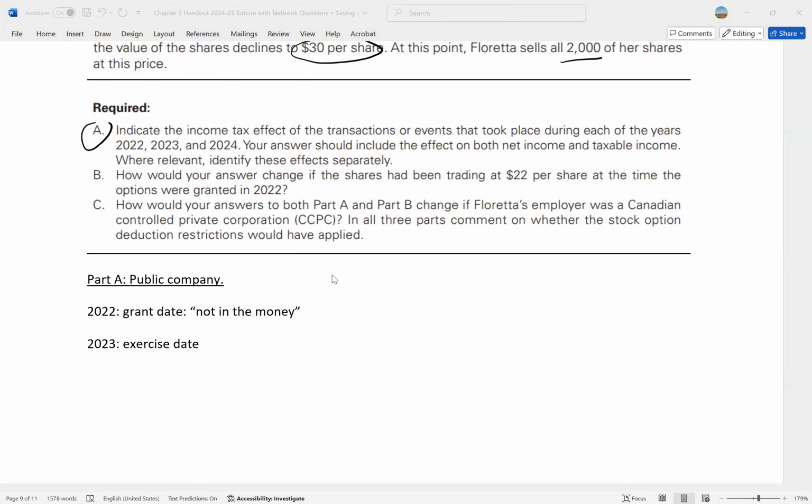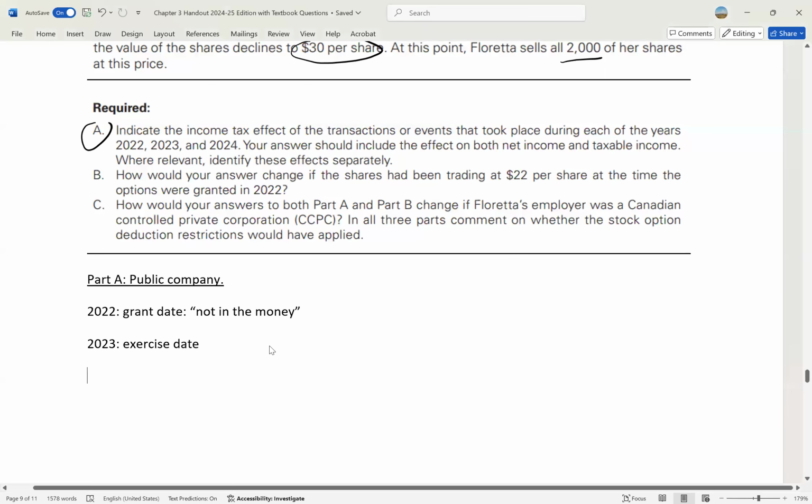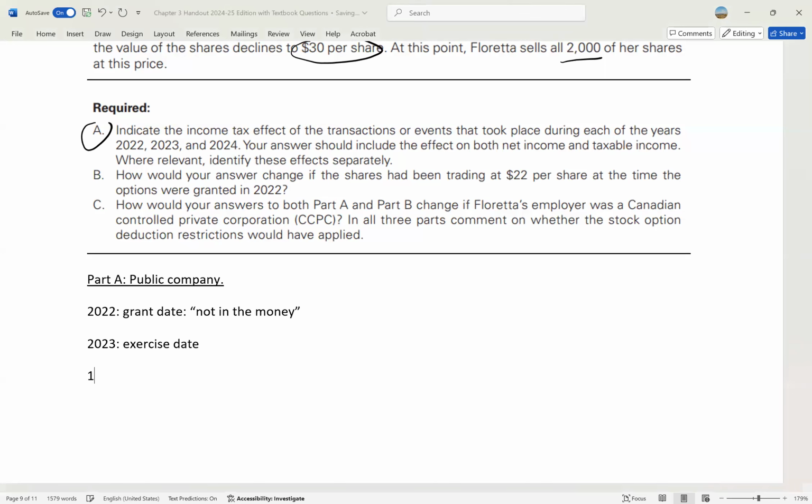So why don't we go through this together? For the first 1,000 shares she bought, she paid $19, but the fair market value when she exercised the first 1,000 was $27. So the value had increased by $8. She only paid $19, the fair market value was $27, so she immediately got this increase of $8 over what she paid.